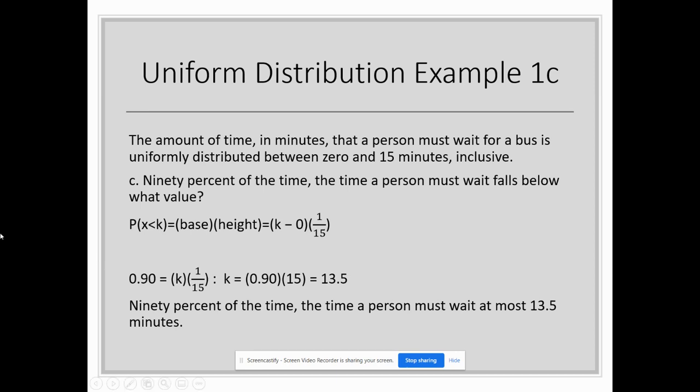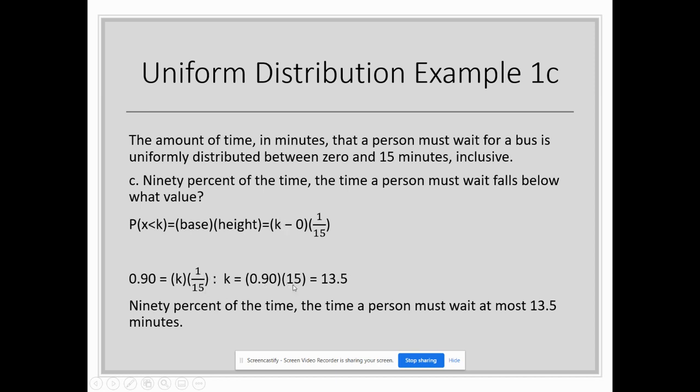Remember, all we're doing here, these are base times height ones. I don't know my K in this one, which is kind of crazy because I want to know where it falls. So I'm going to put 0.90 because, again, that's the area or the percentage, equals K times 1 divided by 15.